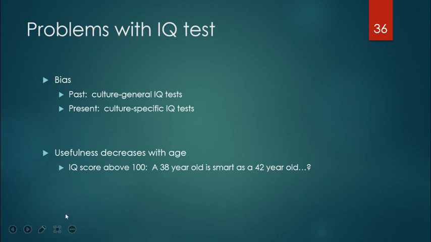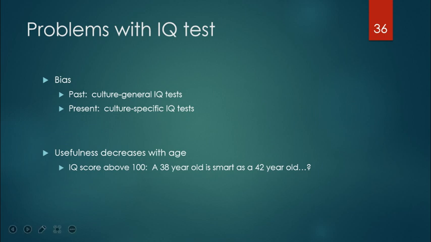Another huge problem with IQ tests, and I really can't stress this one enough, is that the usefulness of an IQ score decreases with age. They were meant to determine which children would benefit from special education services. They were not meant to determine who is smarter between two different 27-year-olds or something like that.